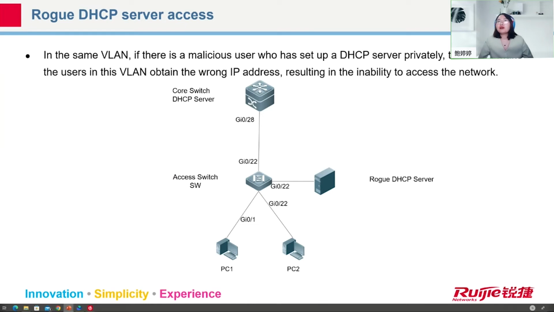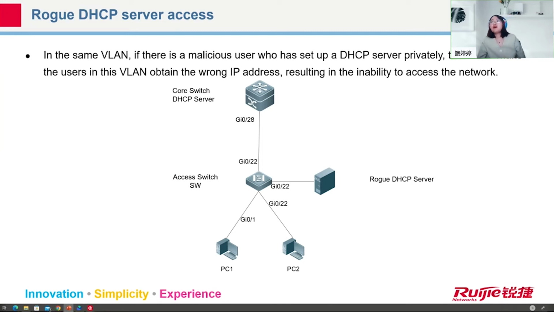Or maybe I give you the IP address and the gateway, but there is no routing information in your network. So finally, you will find your client can get an IP address, but cannot visit the internet or maybe only visit some resources. So this is the function of the illegal DHCP server.